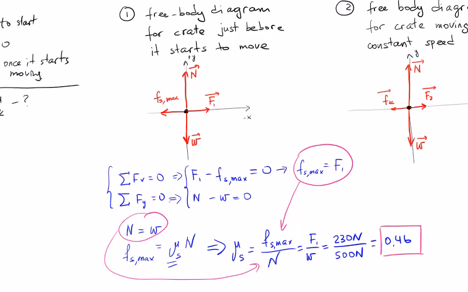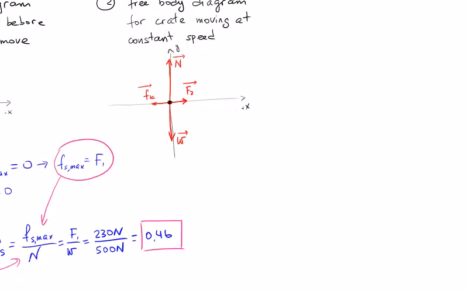Now to find the kinetic friction, we have to apply Newton's second law as well. Let's write sum of the forces by x equals m a x, which equals 0, because a x equals 0 since v was constant.